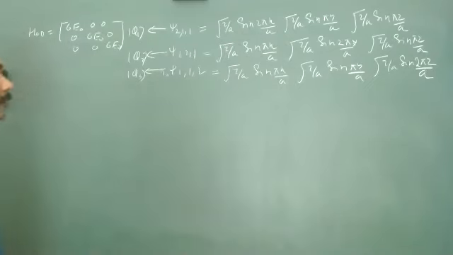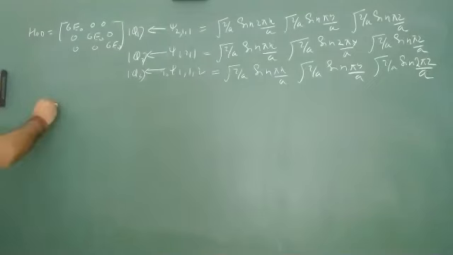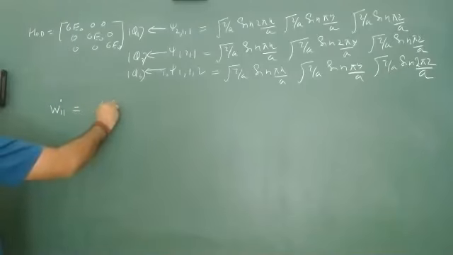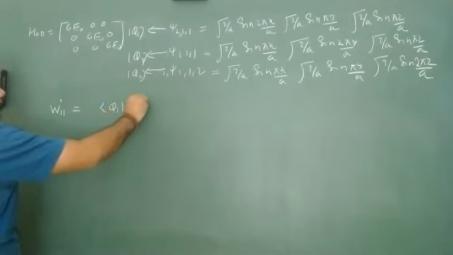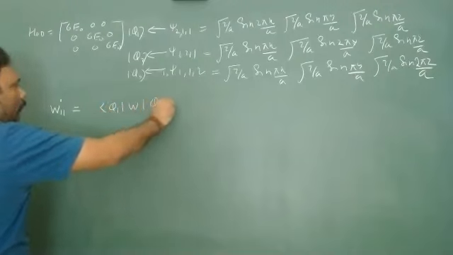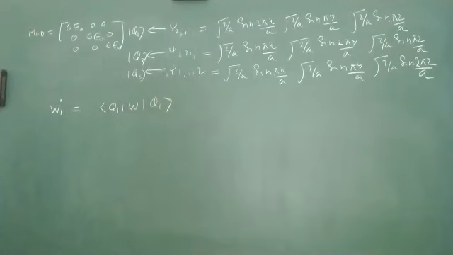The same type of integration will come again. So what will be W dash 1 1? W dash 1 1 is all about phi 1 W phi 1. So let's go for the integration, and please use the pencil.